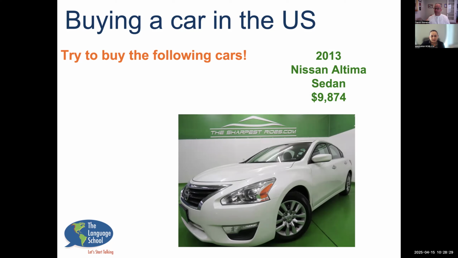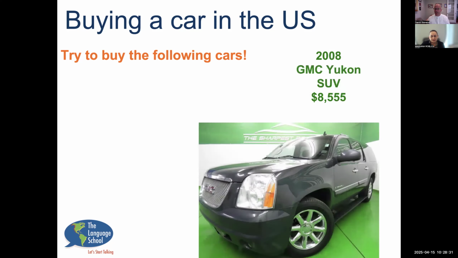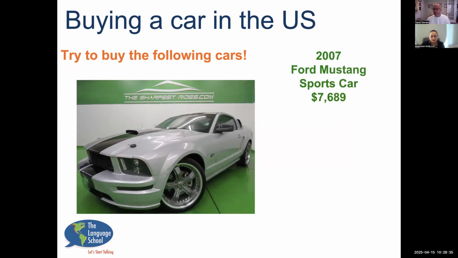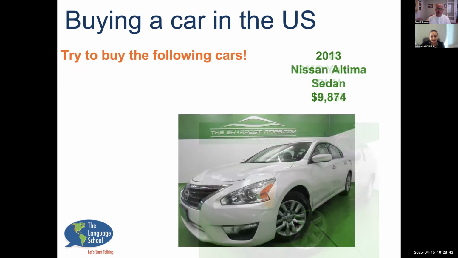I've got this sedan. It's a Nissan Altima. And I also have a Ford Mustang. Do either one of these look good to you? I will look at the Nissan, please. Oh, okay, very good. So here I have a 2013 Nissan Altima. It's $9,874.